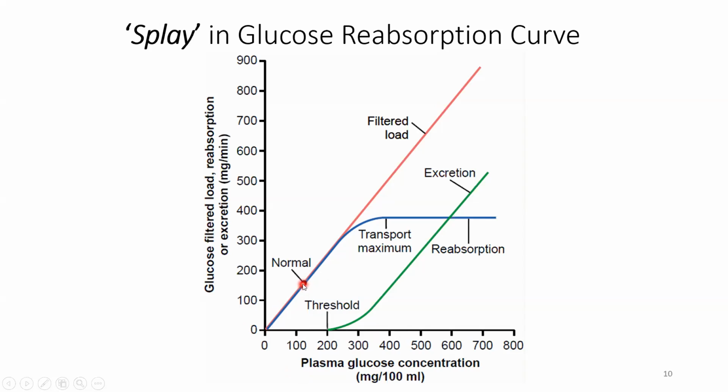At this point, we've discussed this, the filtered load should be about 125 at 100, and slightly above 125 above 100 milligram per deciliter of glucose. And as you increase the plasma glucose, you increase the filtered load.